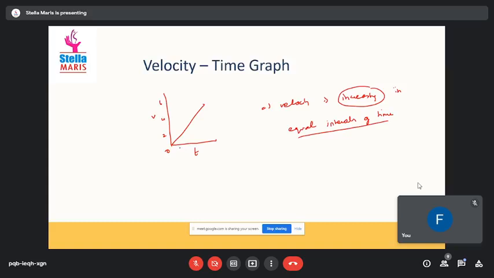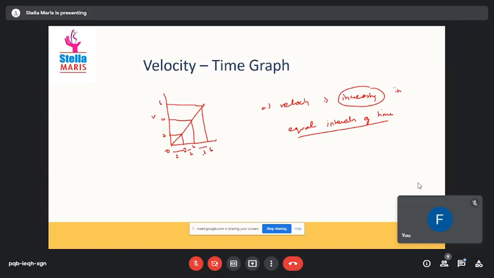This is 2 seconds and this is 4 seconds and this is 6 seconds. So what happens here? Equal intervals of time, no? Disha, this is what you said, equal intervals of time. That is here 2 seconds, here 2 seconds, here 2 seconds, right?